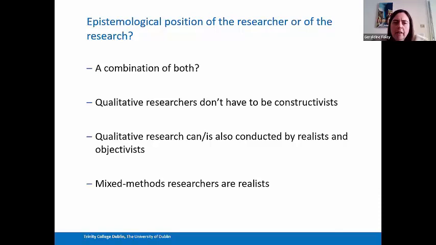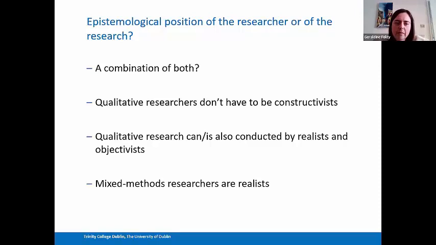I think the epistemological position is not just based on the research, but also on the researcher. Researchers oriented more to qualitative methods tend to be people who are not hardcore positivists, where we believe perhaps there are multiple answers to a particular experience and people have different perceptions of that phenomenon.